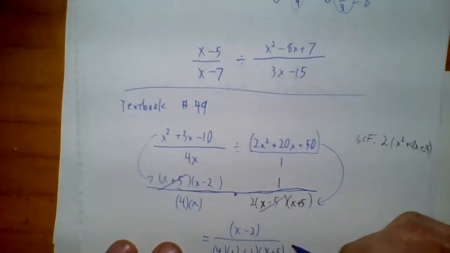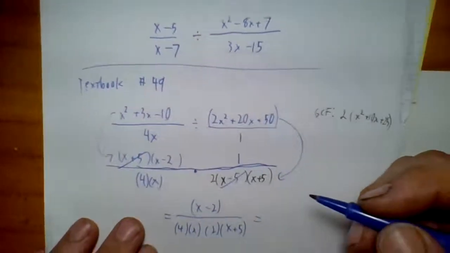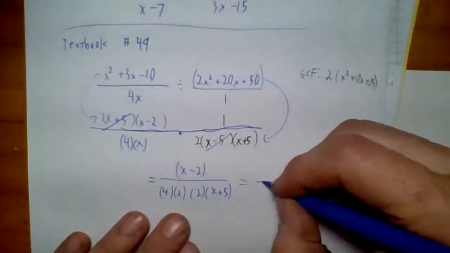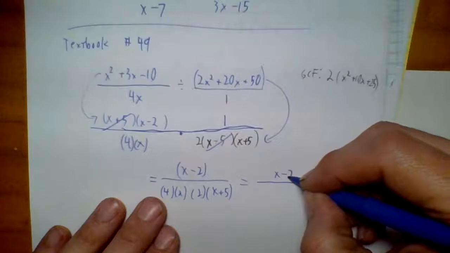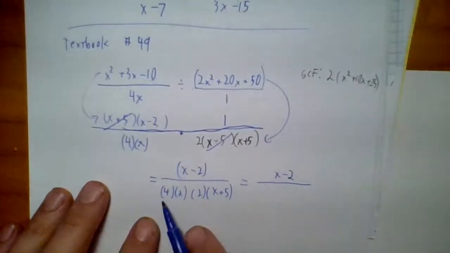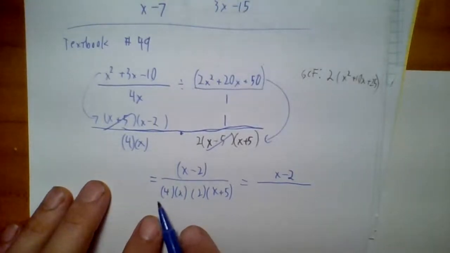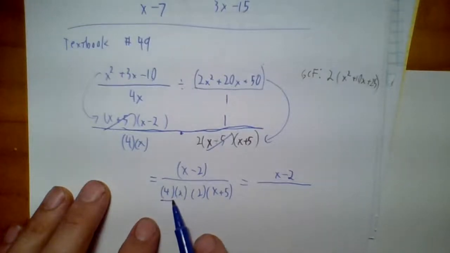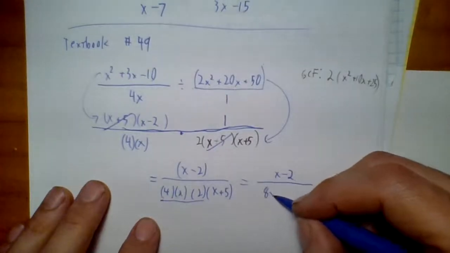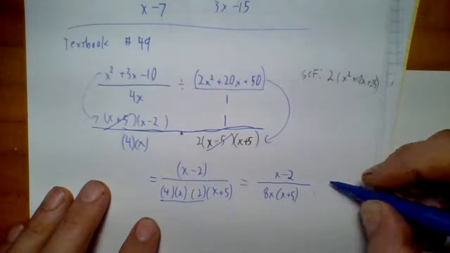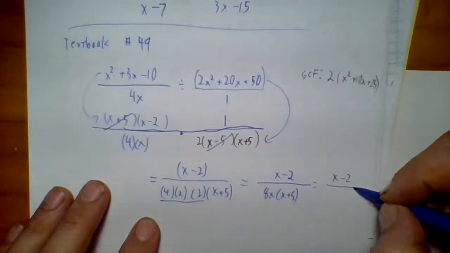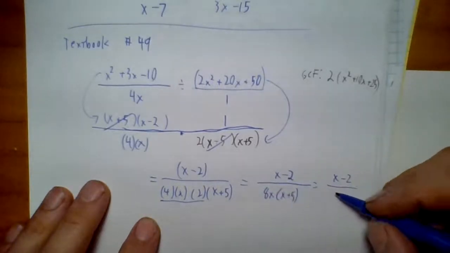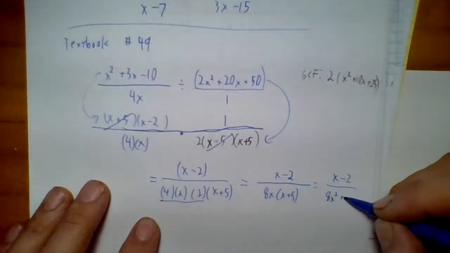I have enough stuff there that I want to kind of put this together. The result, I'm off the screen here. Top came out kind of nice. This is a bunch of stuff. I couldn't get it all multiplied out. I'm at least going to put together all this stuff out here as 8x, x plus 5. I could go ahead and distribute it and write this as 8x squared plus 40x.